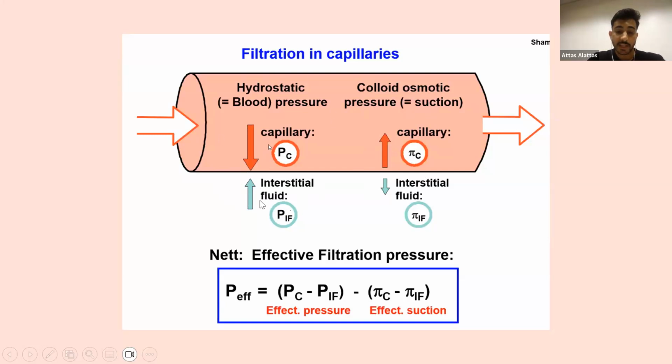So if the difference in the hydrostatic pressure is more than the difference in the colloid osmotic pressure, you would have filtration. So if the capillary hydrostatic pressure minus the interstitial hydrostatic pressure is, let's say, 100, and the colloid osmotic pressure minus the interstitial osmotic pressure, let's say, is 50.